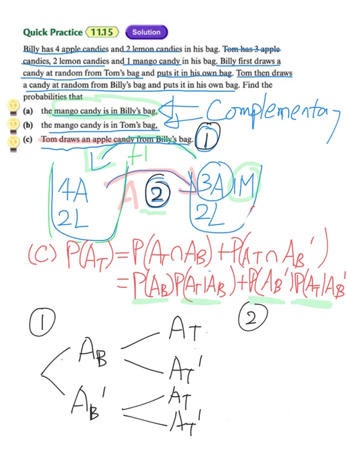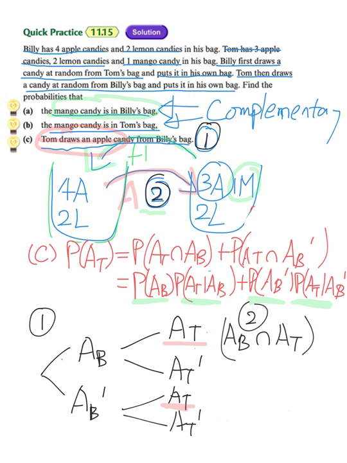So in part C, we are concerned with whether Tom draws an apple candy. So it becomes the first branch and the third branch. The first branch is talking about AB and AT happening at the same time.